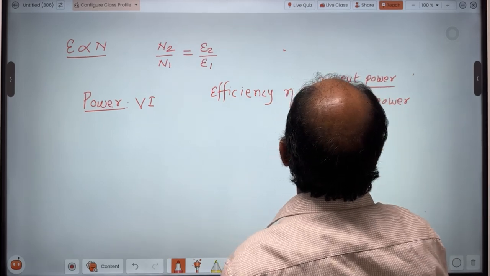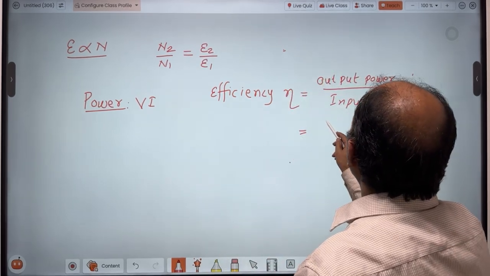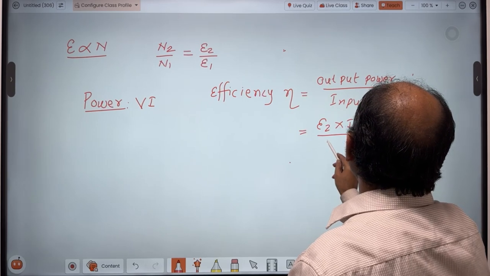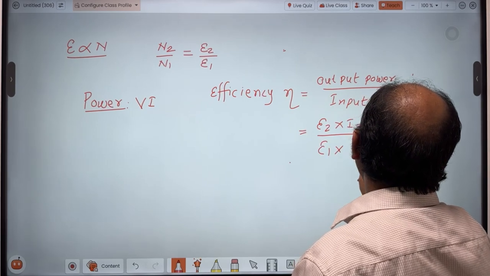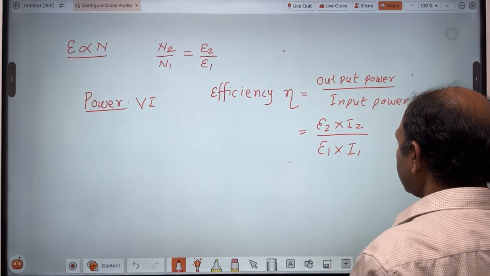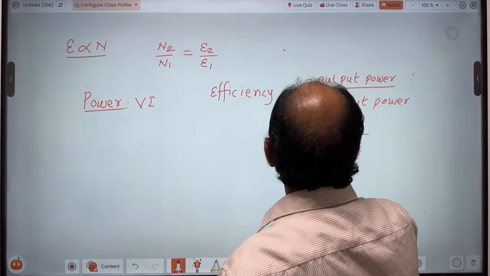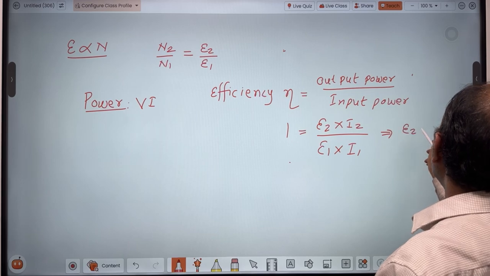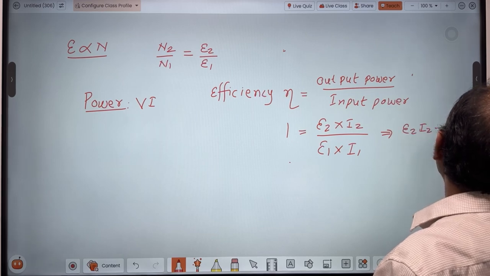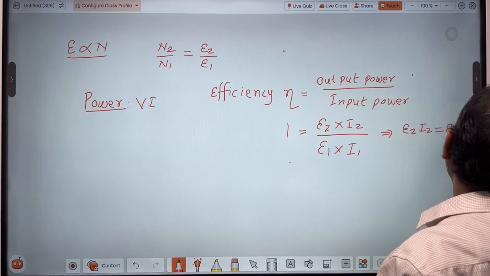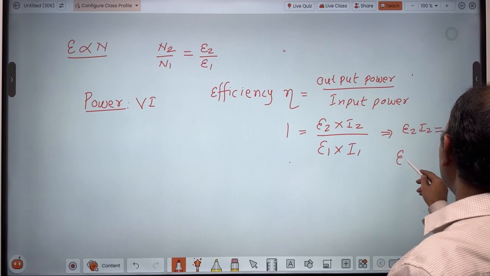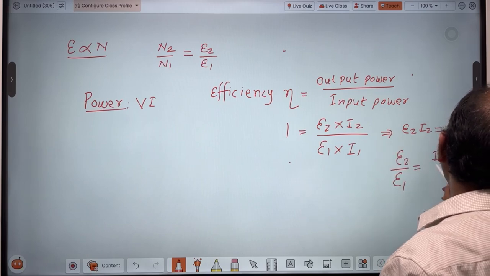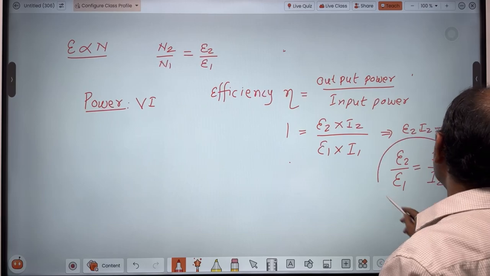Output power means output voltage and output current. So E2 into I2 divided by E1 into I1, right? So if efficiency is 1, means 100%, in that case, what do we get? E2 I2 equal to E1 I1, or E2 upon E1 will be equal to I1 upon I2, right?